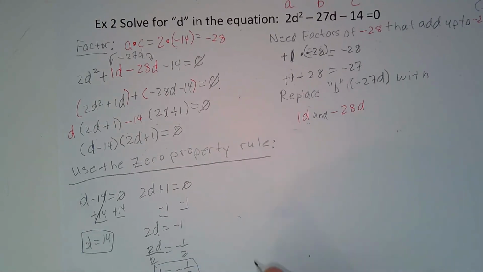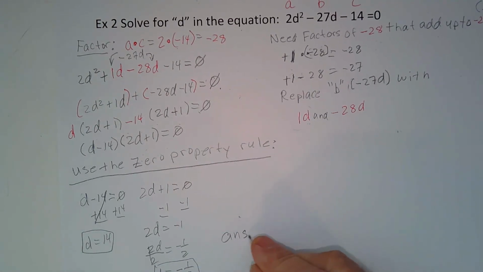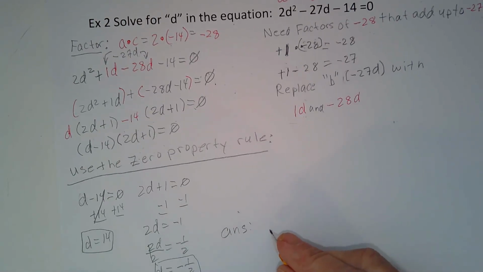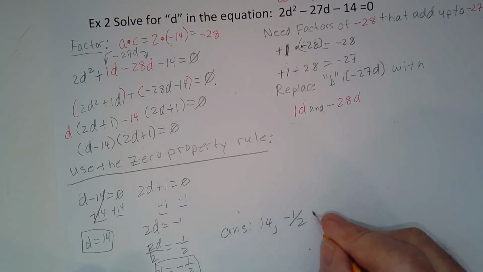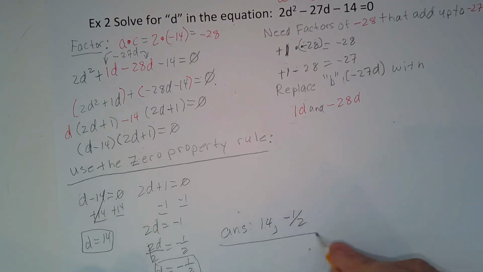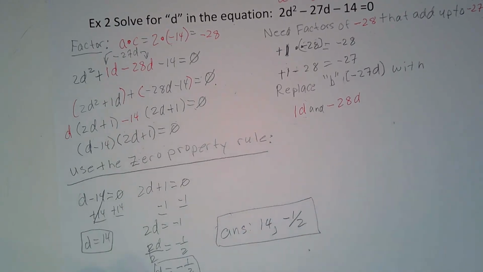So my answer here is 14. X is 14 when y is 0, and x is negative 1/2 when y is 0. And there's my answer. And we're done.